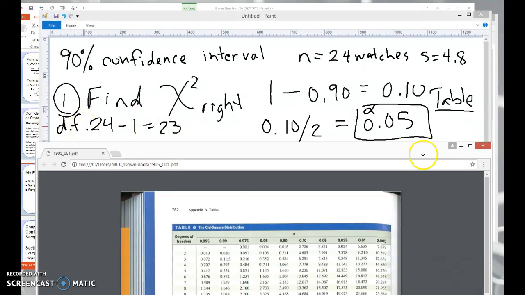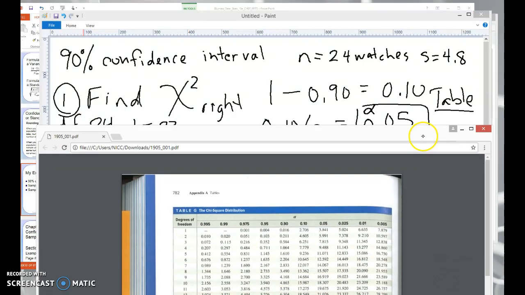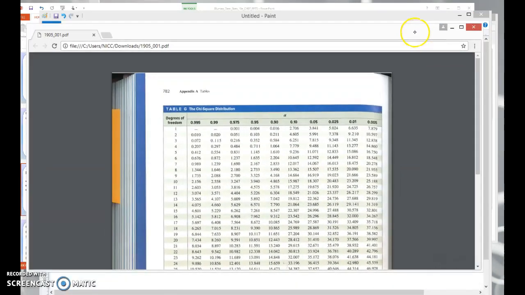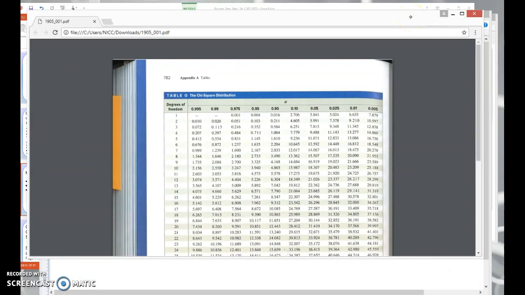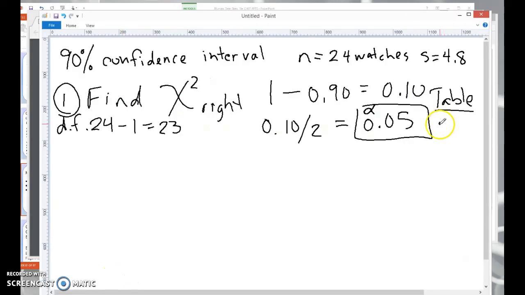So 23 and then alpha 0.05. And I'm getting 35.172. Record that. 35.172.